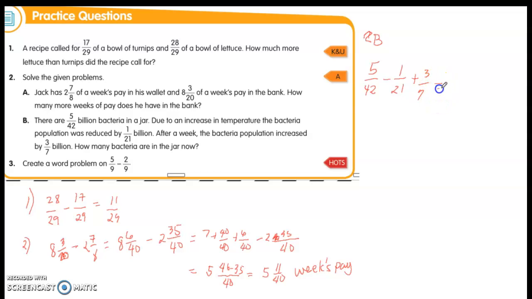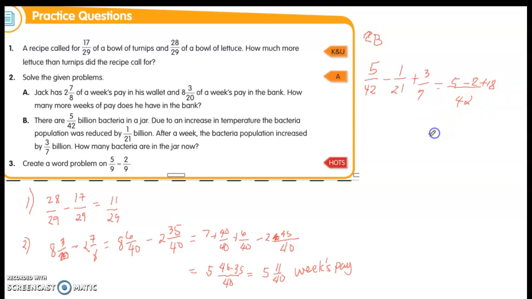So since the LCM of 42, 21, and 7 is 42, 42 divided by 42 times 5 will give 5. And then minus, 42 divided by 21 is 2 times 1, we have 2. 42 divided by 7, we have 6 times 3, so we have 18.